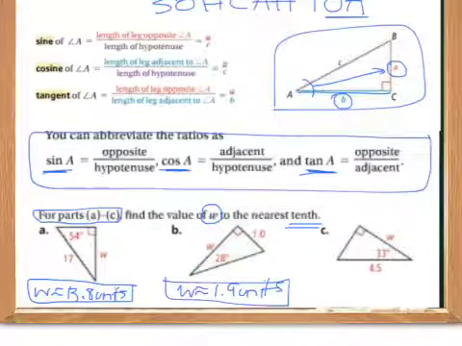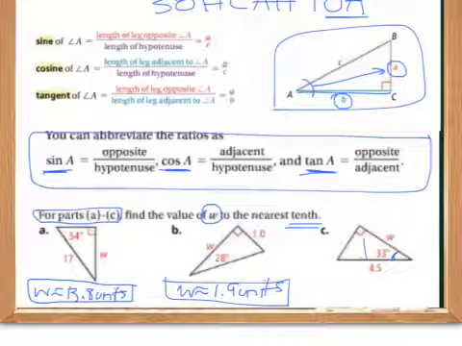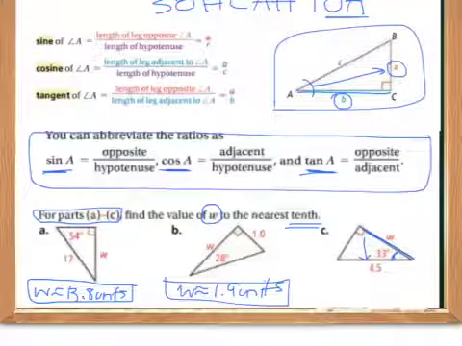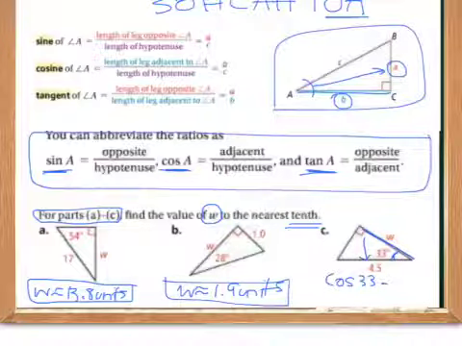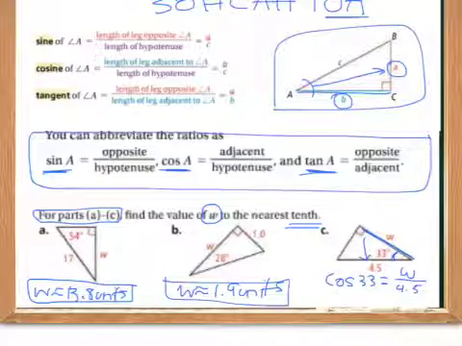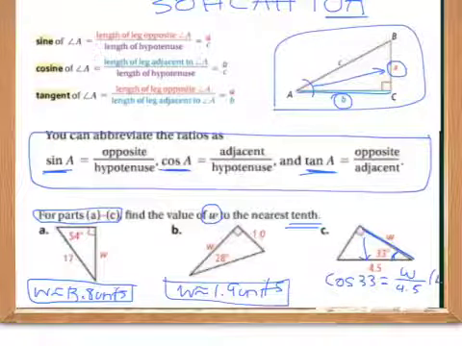Now for our final example, we have that this angle is 33 degrees. We have the hypotenuse and we have the adjacent side. Well, which one contains the hypotenuse and the adjacent side? If we do the cosine of 33 degrees equals the adjacent side, which is W, over the hypotenuse, which is 4.5, we multiply both sides by 4.5 to get W by itself.